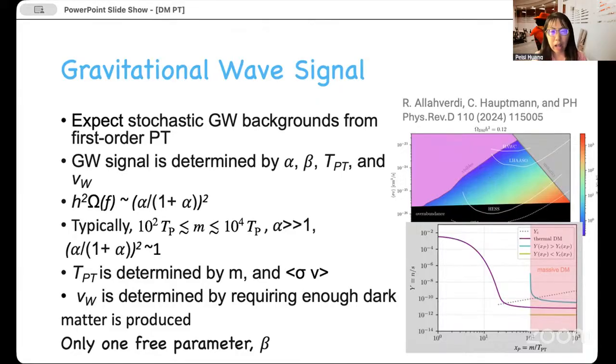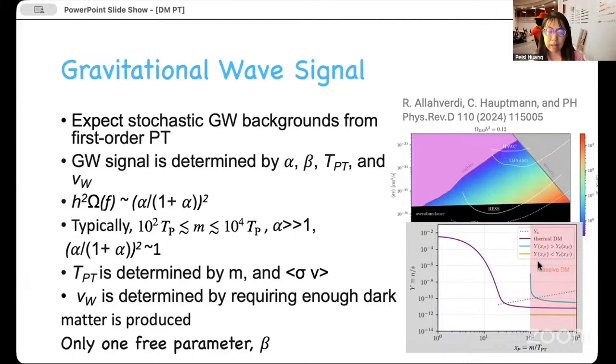And for the wall velocity, we need to be in this blue scenario. That means the number density at the time of phase transition is higher than the critical number density at the time of phase transition. We know the number density of dark matter in the symmetric phase, and we know the minimum number density we need in the broken phase.